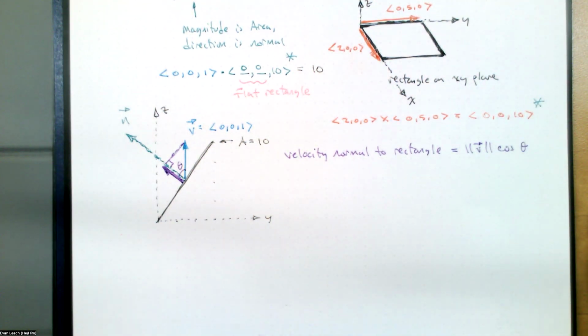And the magnitude of the velocity normal to the rectangle will be the magnitude of v times the cosine of theta.